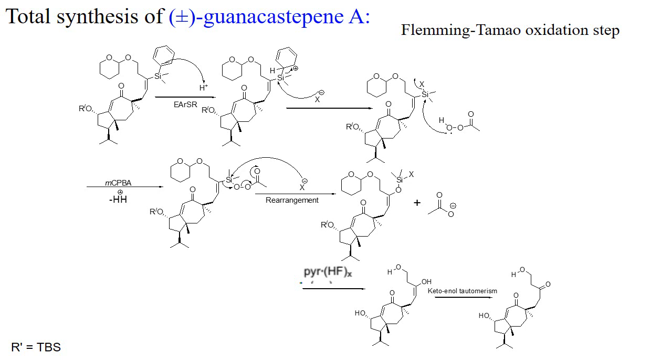So this intermediate, after accepting a proton from the acid, that is pyridine HF, is converted to the enol. This is the enol, or we can say the position of the silicon is replaced with OH.